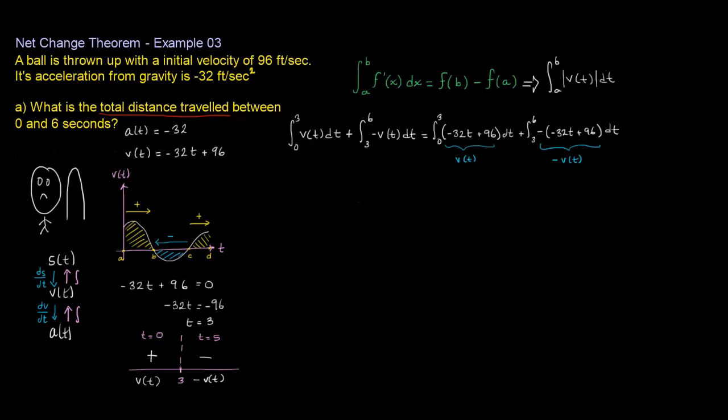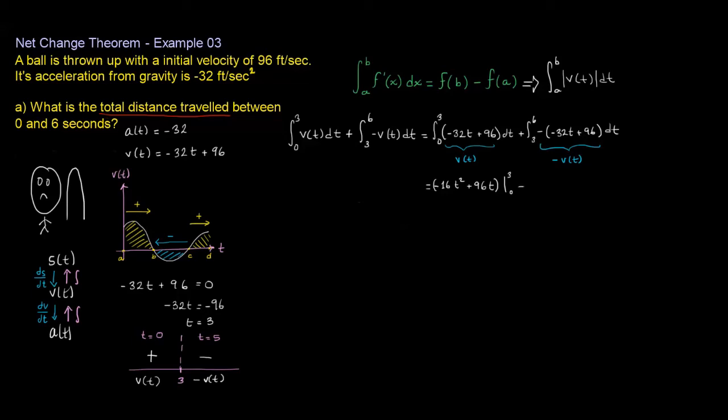I believe you will be able to solve this on your own, but I'm going to solve it here anyway. The integral of the first v of t will be equal to negative 16 t squared plus 96 times t, evaluated between 0 and 3.